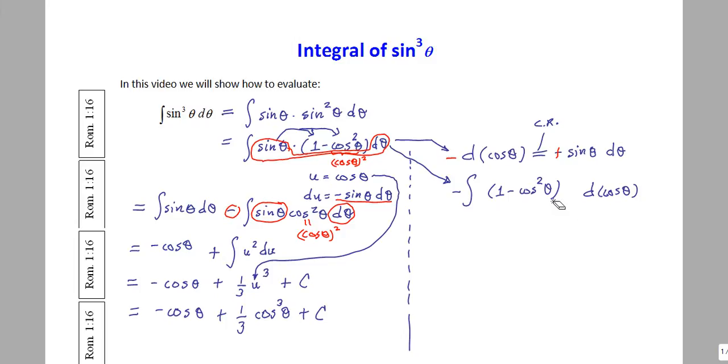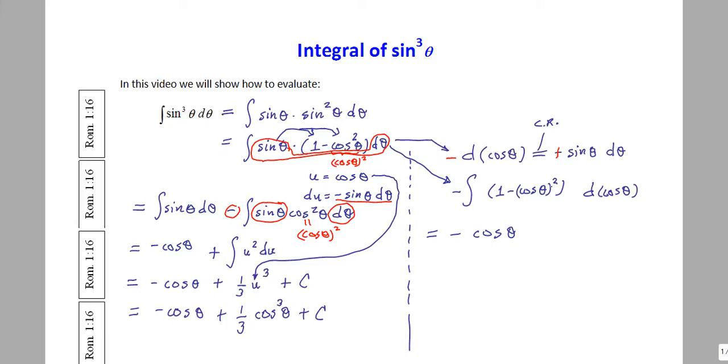I'm going to write this cos squared theta as cos theta squared. It's the same thing, right? So this is equal to minus the integral of 1 d cos theta is just equal to cos theta. Okay, and then minus the integral of minus cos theta squared d cos theta, that's a plus.